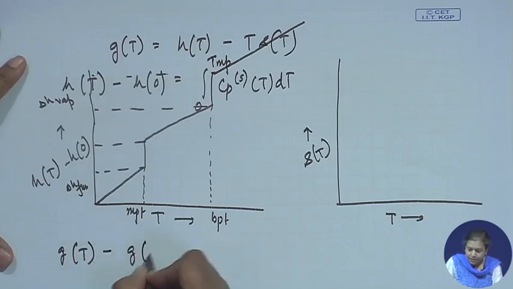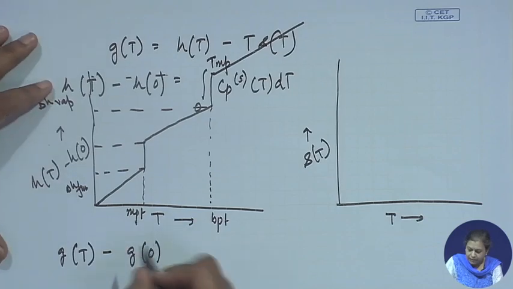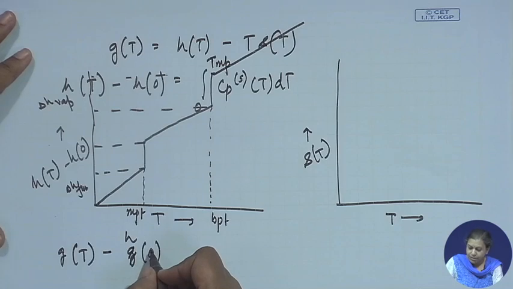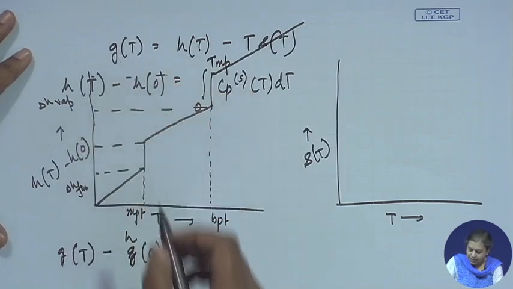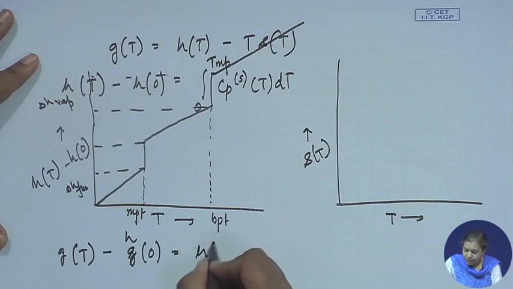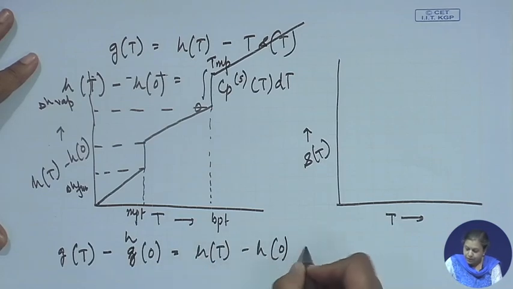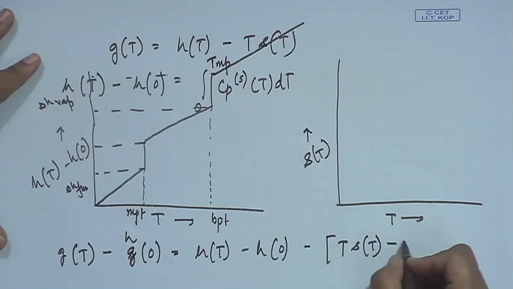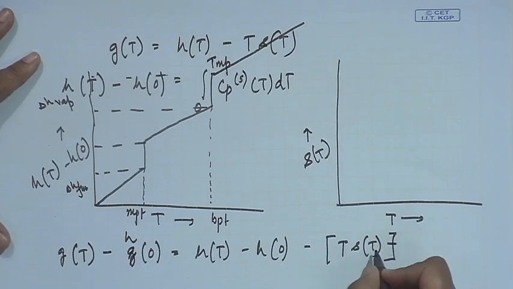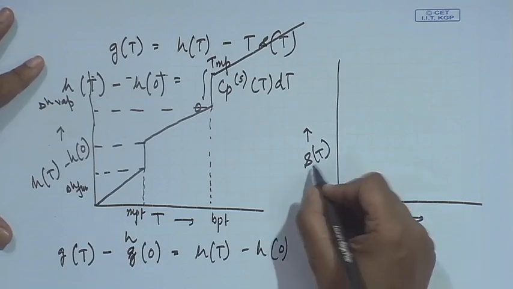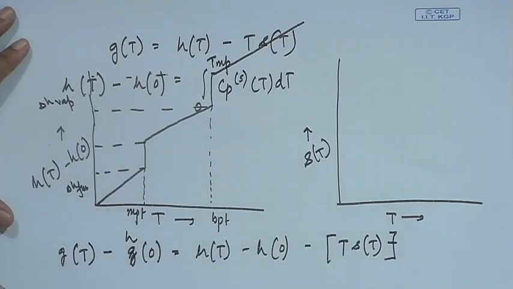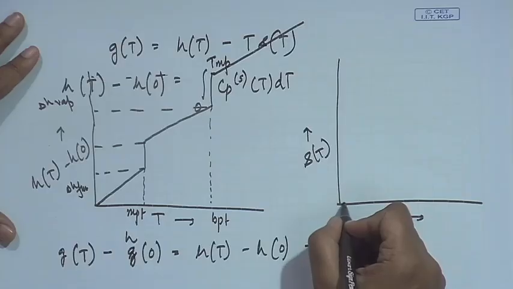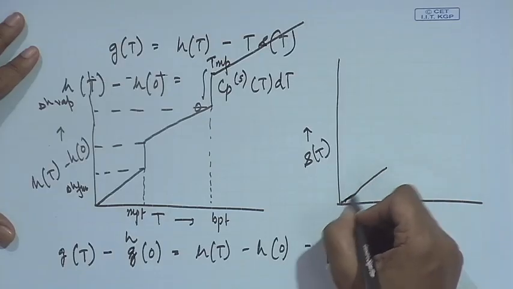Suppose I express G_T as a function of H_0, since I would like to keep the same standard state for enthalpy as well as the Gibbs free energy, the actual expression is H_T minus H_0 minus T S_T, where S_0 is just 0. So I plot S_T as a function of temperature, and this is the exact expression that we are going to see. In this case also we find that the nature of the graph is the same.